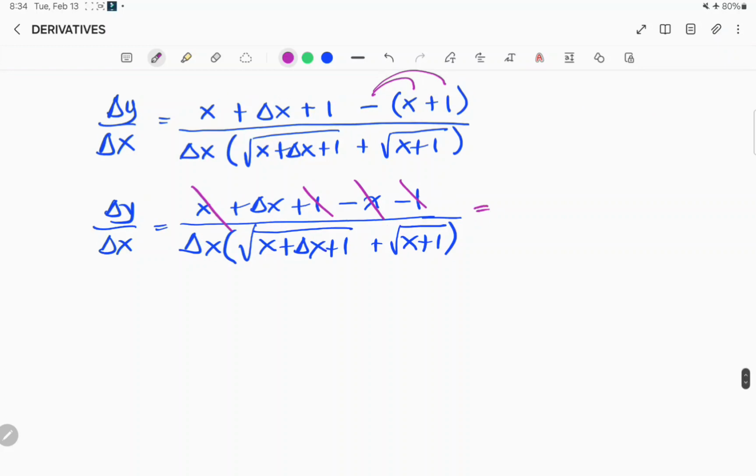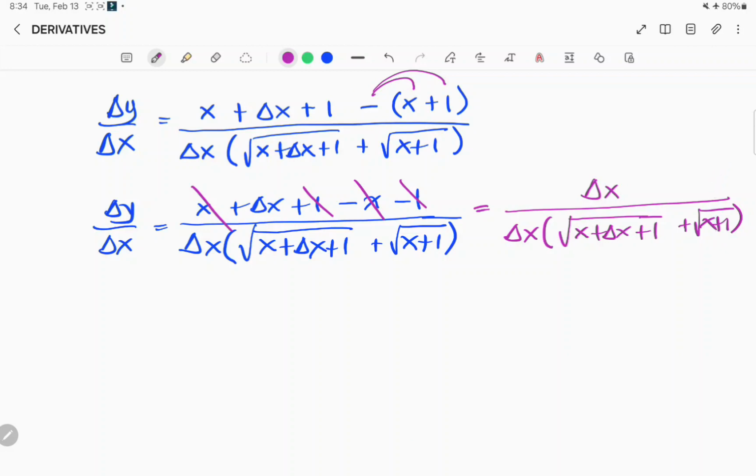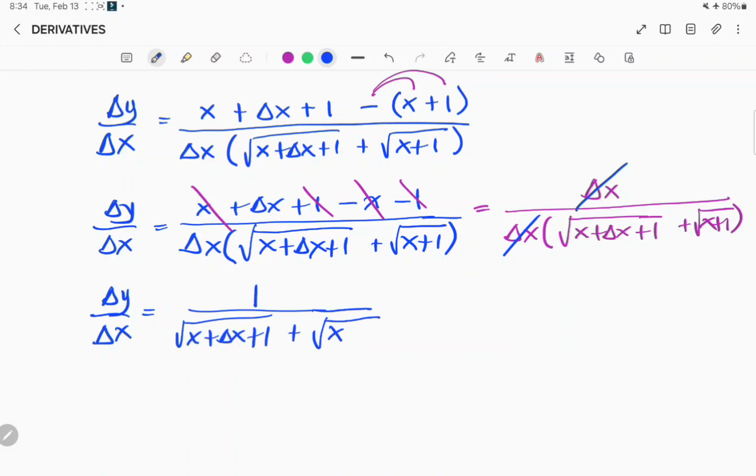Rewriting it, it will become change of x over the denominator of change of x times the square root of x plus change of x plus 1 plus the square root of x plus 1. Then we can divide the change of x in the numerator by the change of x in the denominator, so we can cancel that out, and the average rate of change is going to be equal to 1 over the square root of x plus change of x plus 1 plus the square root of x plus 1. So we cannot do anything in the right side of the equation.